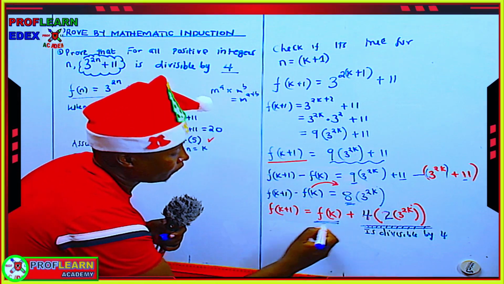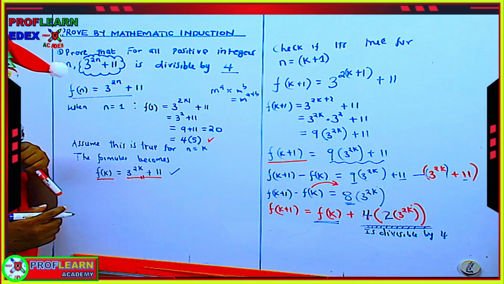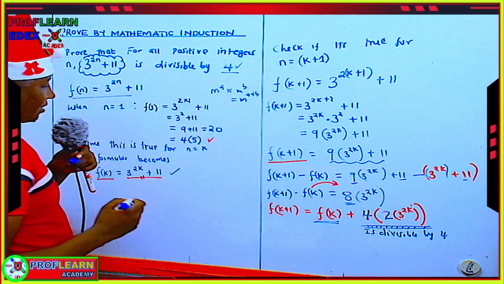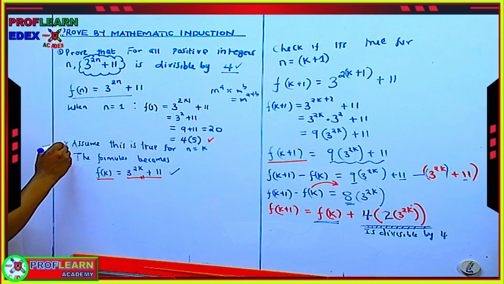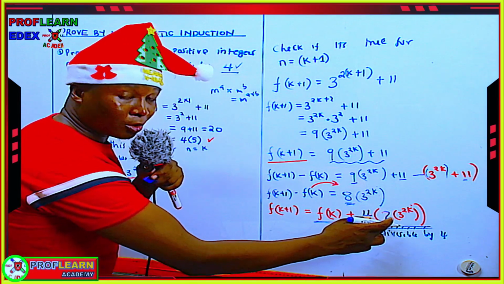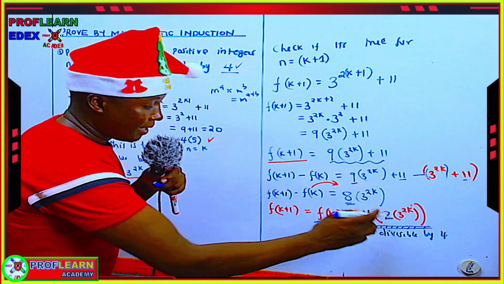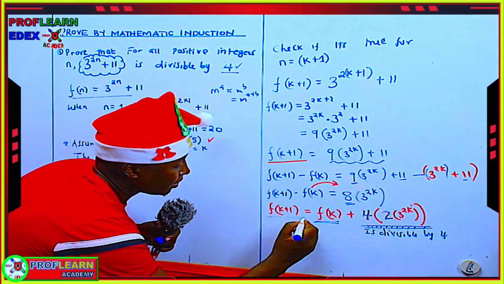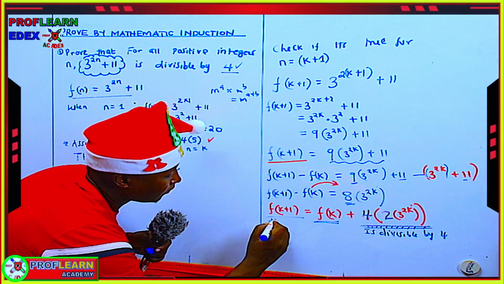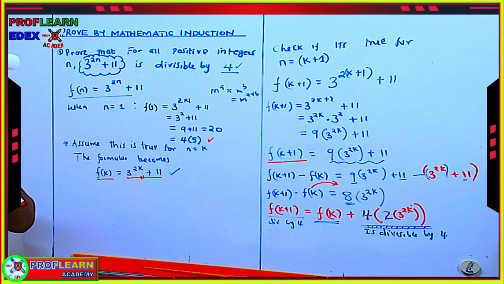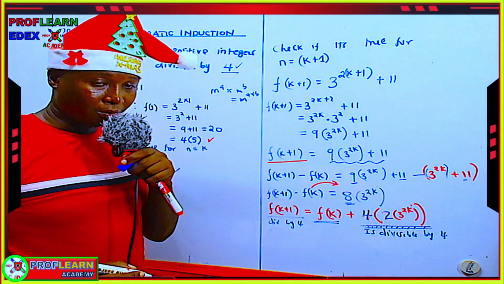Also, f of k is divisible by 4, right? Because already we assumed that it's divisible by what? 4. So this f of k is divisible by 4. This one is also divisible by 4. Then if these two terms are divisible by 4, it also means that this is also divisible by 4. I hope you are getting me.